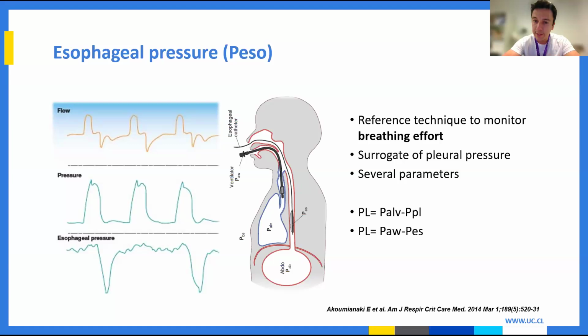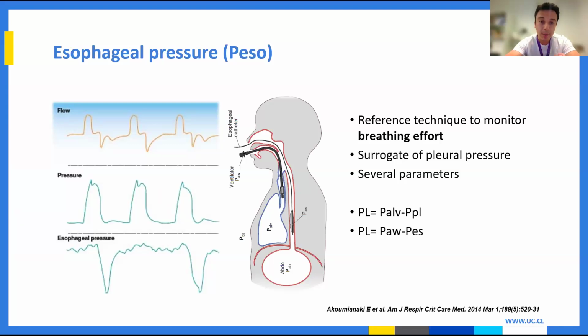The good thing about this is that this pressure is a good and well validated surrogate of the pleural pressure. And this is really important because we can estimate and derive different parameters.